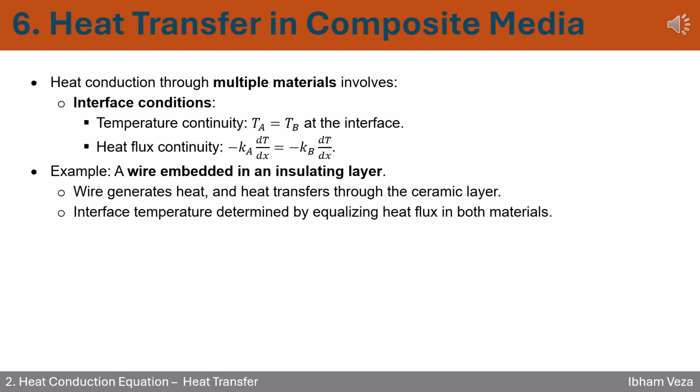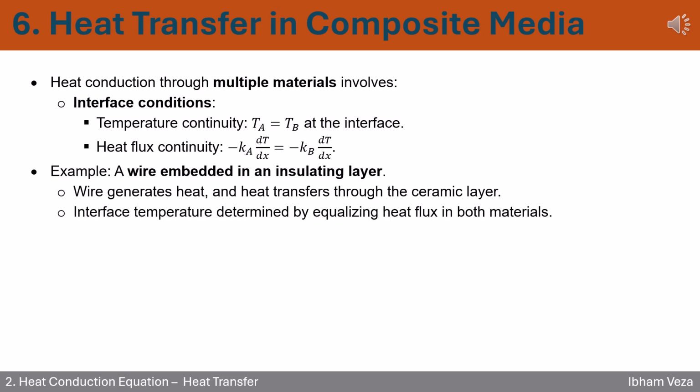6. Understand heat flow in composite materials. Real systems often involve multiple materials, and this brings in interface conditions. Two key principles always apply. Temperature must be continuous across the interface, and heat flux must be equal on both sides.